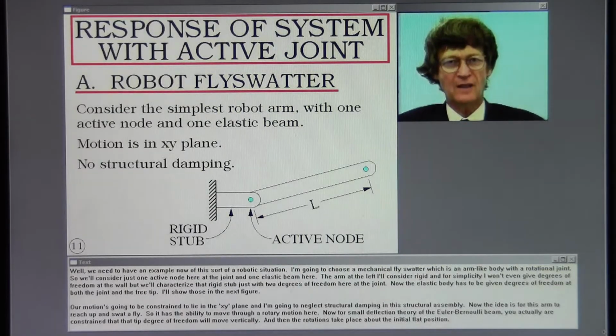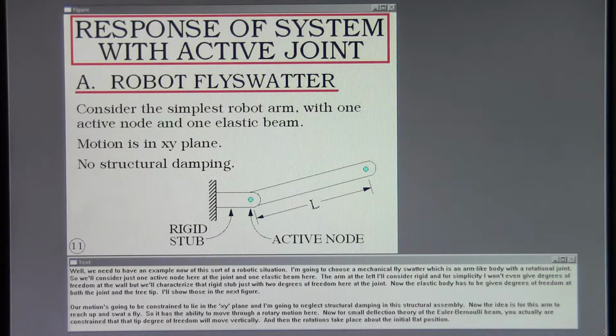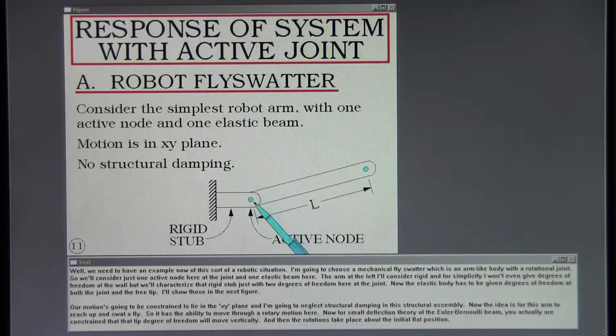Well, we need to have an example now of this sort of a robotic situation. I'm going to choose a mechanical Flyswatter, which is an arm-like body with a rotational joint. So we'll consider just one active node here at the joint and one elastic beam here.